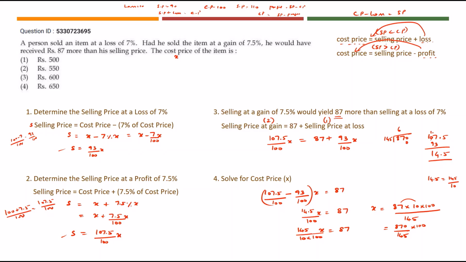So 145 into 6 will give 870. So 6 into the remaining 100, which is there as it is in the numerator, 6 into 100 will give 600. So the cost price of the item is 600. Option number 3, rupees 600, will be the right answer.